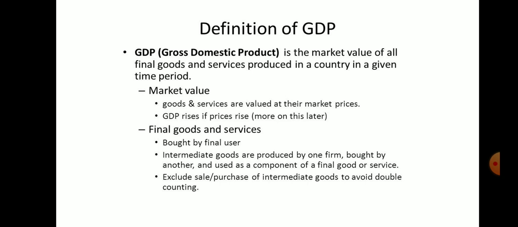We cannot count the separate cost of all these things and also the cost of the final product, tea, since all these intermediary products have been added in the final product. So this is what is double counting. If you count all the intermediary products' value as well as the final product value, it is called double counting.